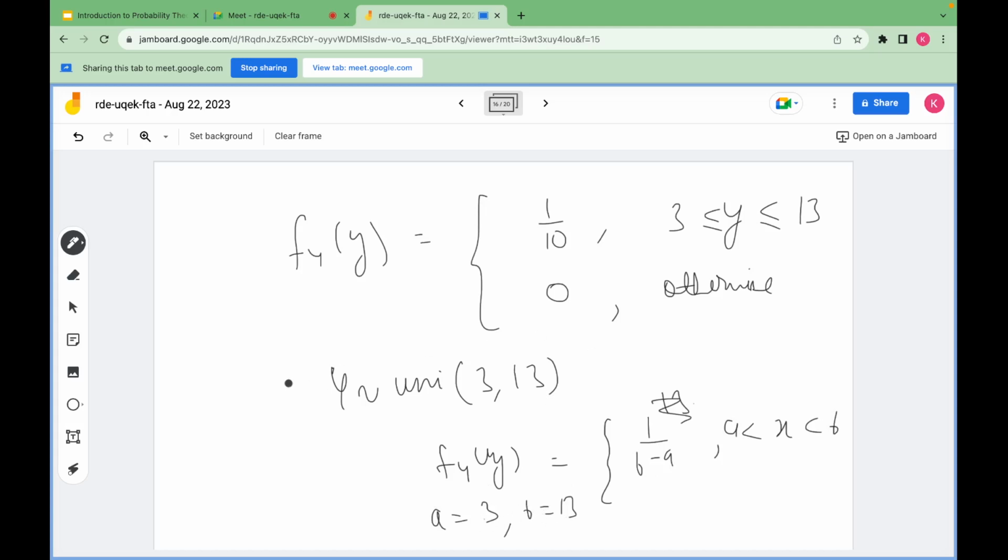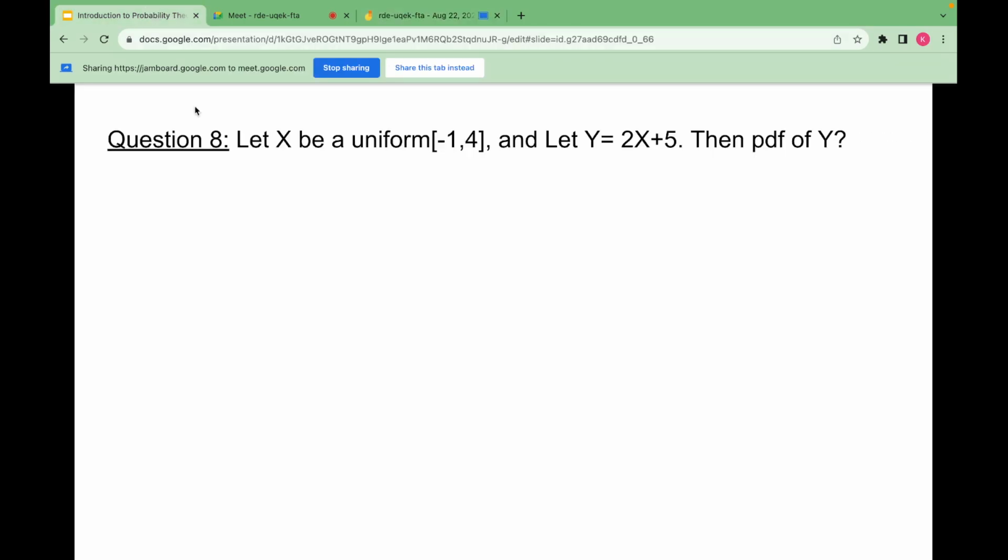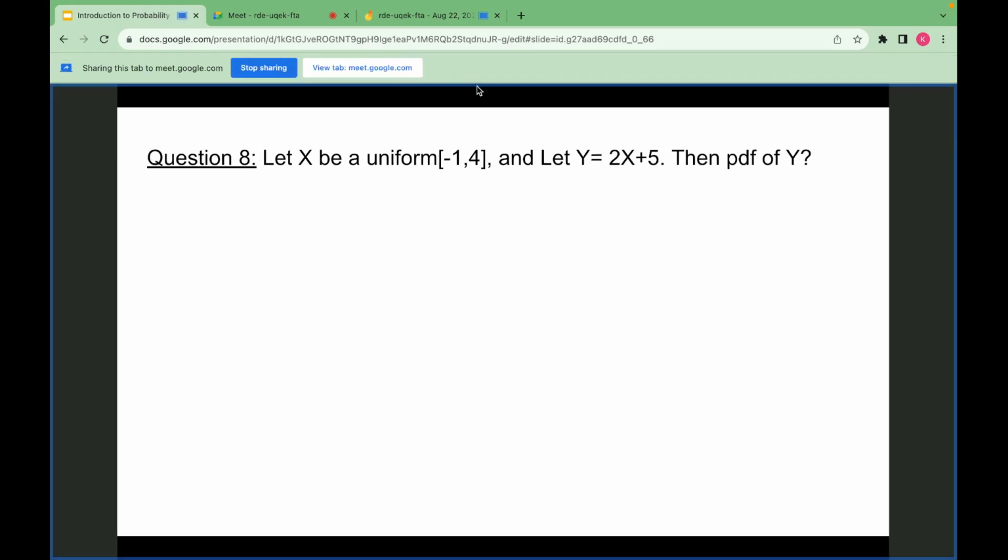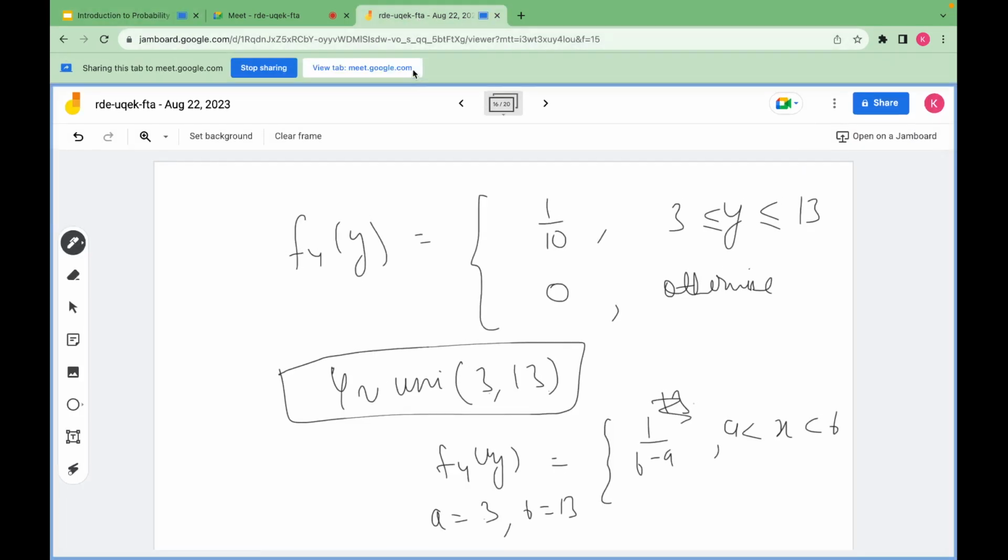So y is also a uniform distribution from 3 to 13. I hope this is clear. For all the problems you need to find out the limits, because this y is a function of some random variable, and if that random variable has a range, then we need to find the range for y as well.